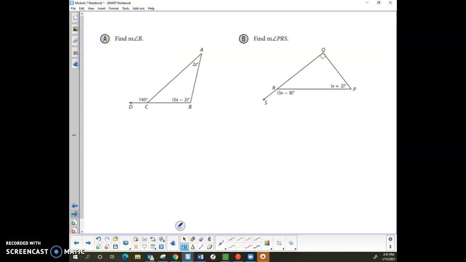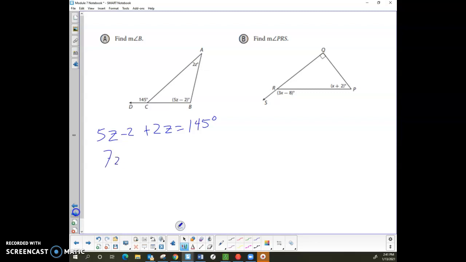All right, so we're going to do some practice with these. So if I want to find the measure of angle B, I know that if I add 5z minus 2 plus 2z, so if I add the remote interior angles together, they will be equal to the exterior angle across from them. So now solve this with some algebra.